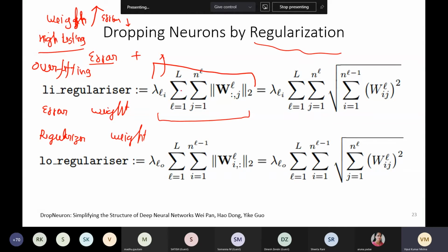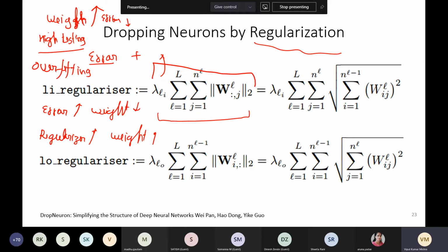So if this weight value increases, then your total loss function will increase. So ultimately what your system will try to do is reduce the value. So you can say when error increases, your weight value will decrease. When the regularizer increases, your weight value will also increase.